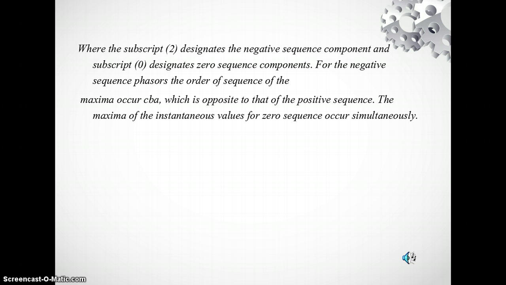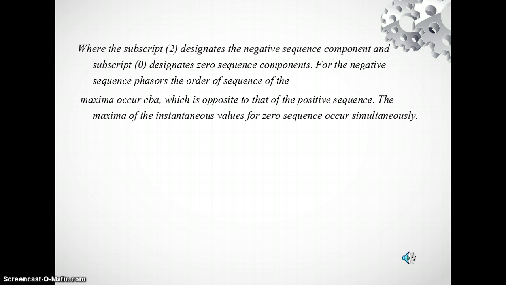Similarly, in the negative and zero sequence components, we deduce VA2 is equal to VA2, vector VB2 is equal to A VA2, vector VC2 is equal to A square VA2, VA0 is equal to VA0, VB0 is equal to VA0, and VC0 is equal to VA0, where the subscript 2 designates the negative sequence component and subscript 0 designates the zero sequence components.